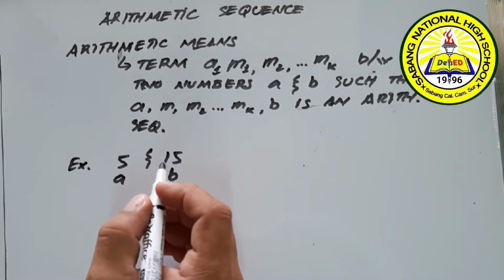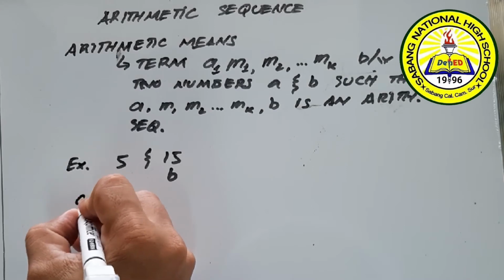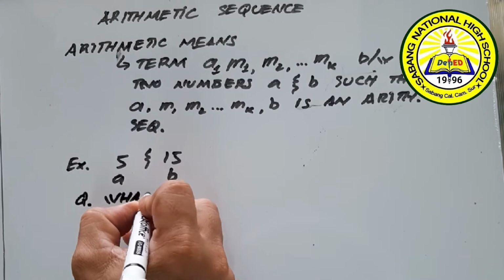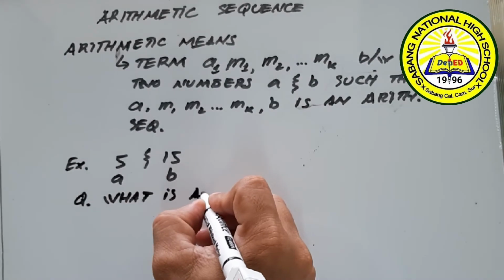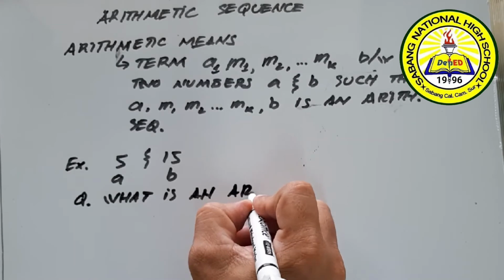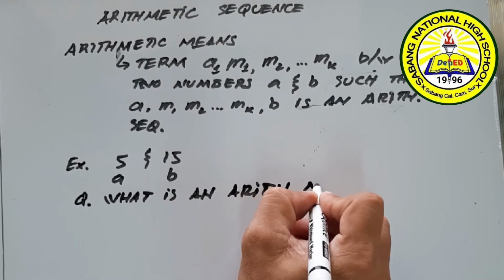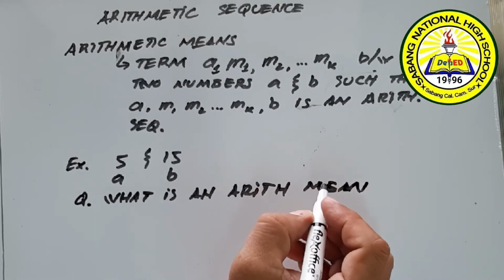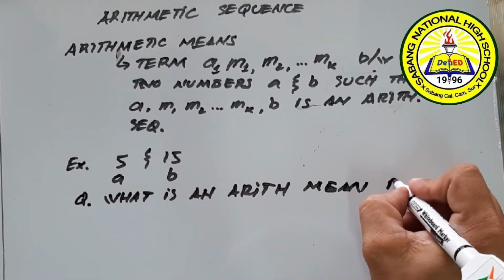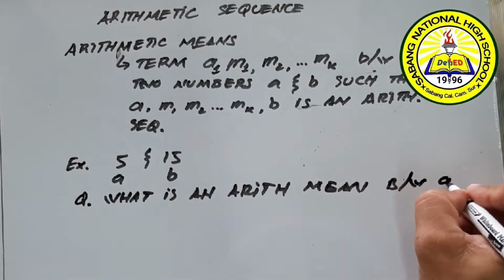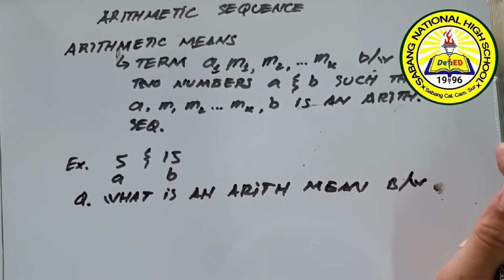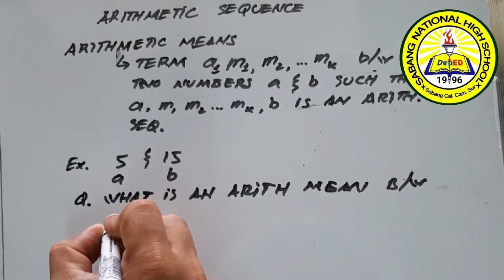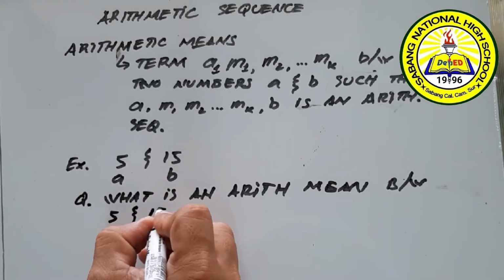So let us say first, the question is, what is an arithmetic mean between, let us be more specific, 5 and 15?